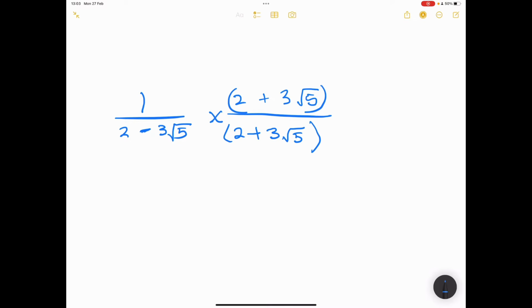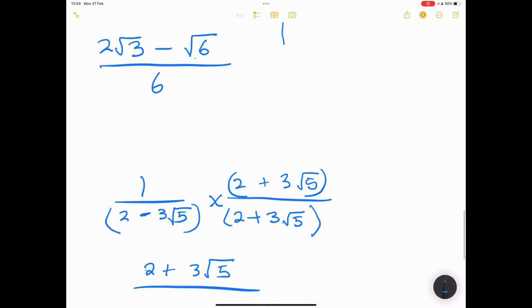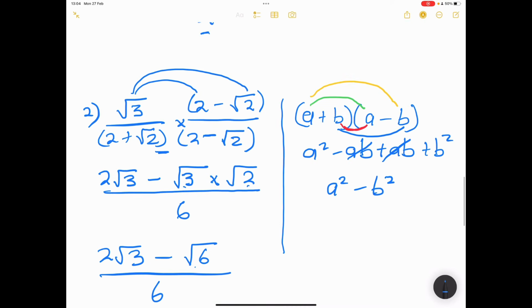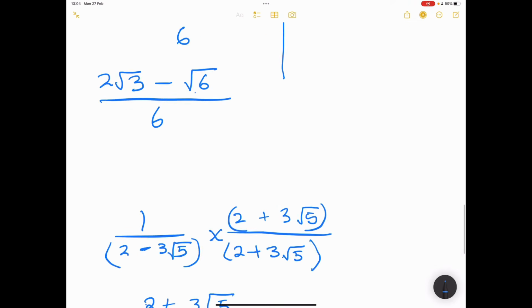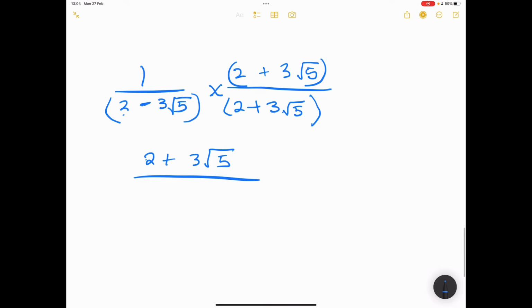So now, again, we would multiply at the numerator. Anything multiplied by 1 would be itself. So I've got 2 plus 3 root 5. But notice what happens at the denominator in this case, right? We said it is the difference of two squares. Now, there's no need for you to do that whole thing of multiplying all your brackets throughout. All you simply do is take the squares of your first terms, right? So in this case, 2 times 2 would give me 4, right?